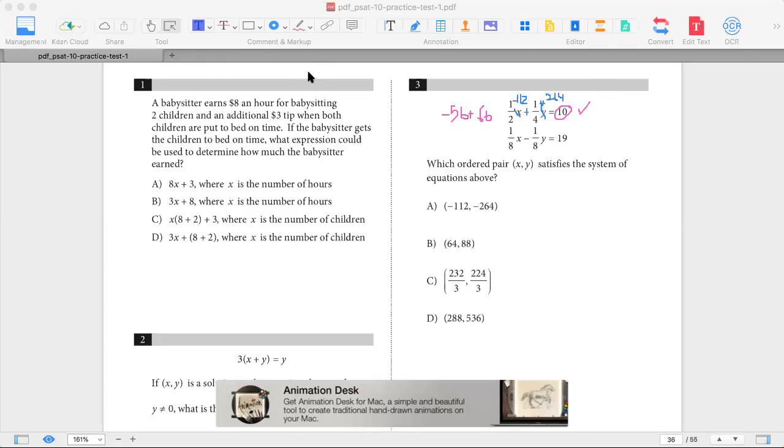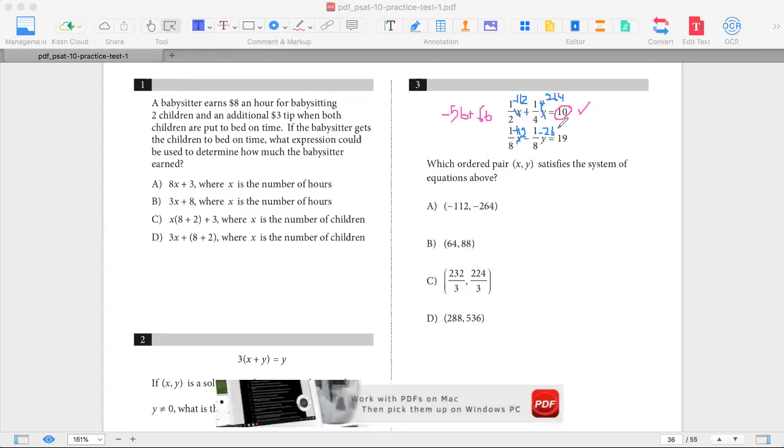Okay, let's take the second equation. I'm going to do exactly the same. I'm going to substitute this value of x by negative 112. And here I have y, I'm going to substitute its value by negative 264.